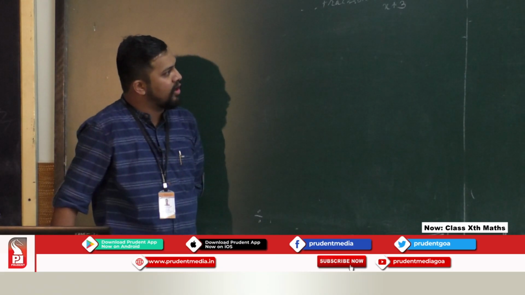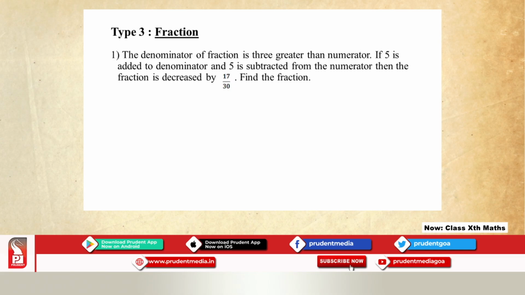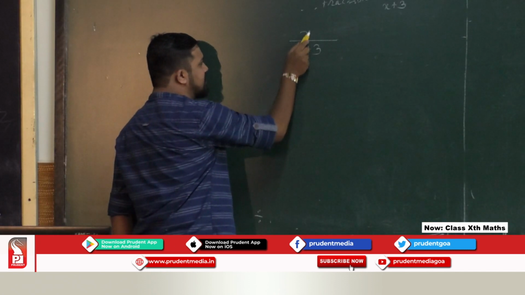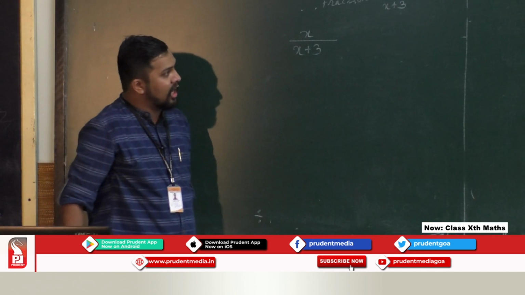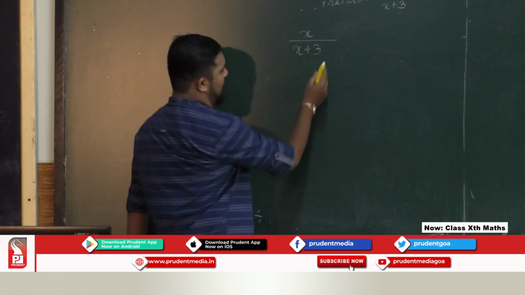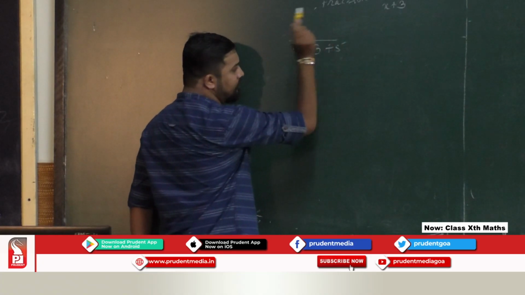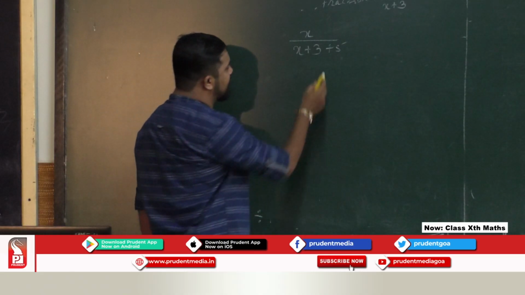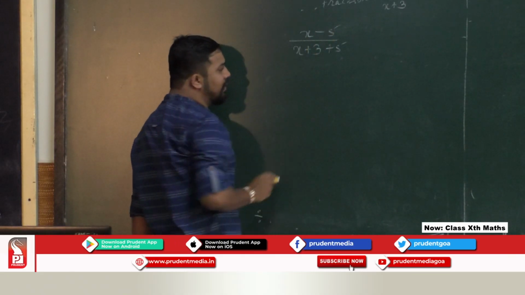Go to the question. What is it saying now? If 5 is added to the denominator, so I am adding now. So what is the denominator at present? At present the denominator is x plus 3 and the numerator is x. So now if 5 is added, I am adding 5 to the denominator and 5 is also subtracted from the numerator.